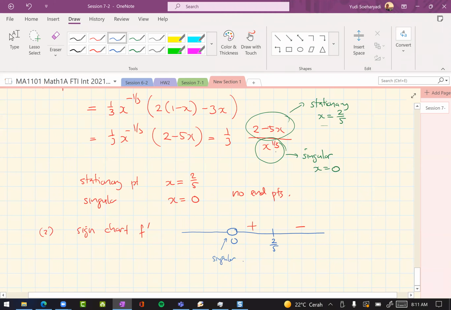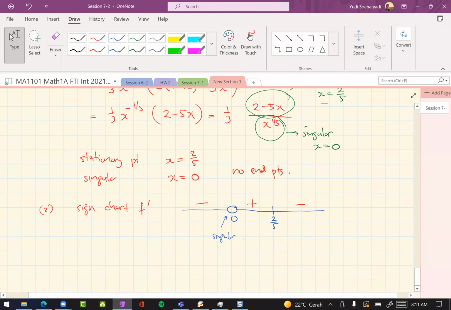Crossing 0, this is power 1/3, which is odd, so it changes sign. So this gives you going down, going up, and going down.